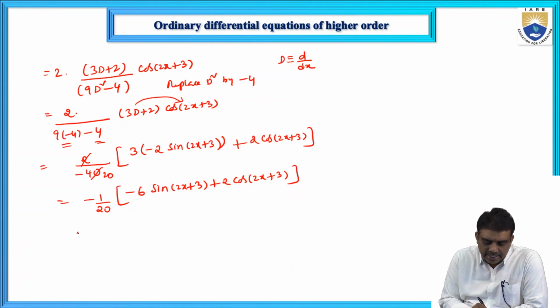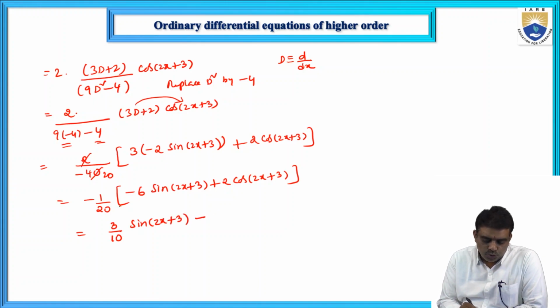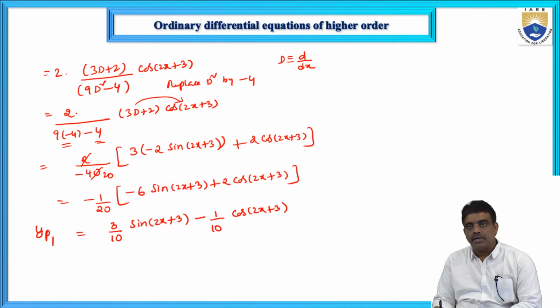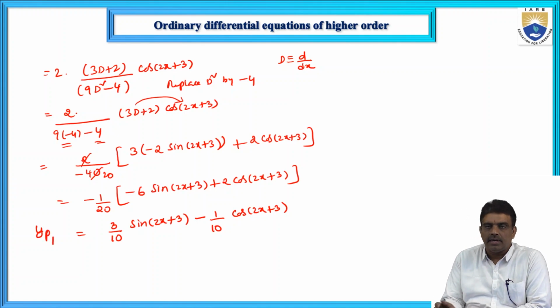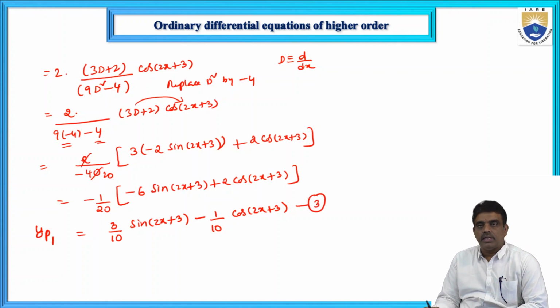Or I can write this as 3/10 sin(2x + 3) for the first term, and the second term -1/10 cos(2x + 3). This is yp1, the particular integral. There are 3 terms. This is the first term yp1, which is called equation number 3.